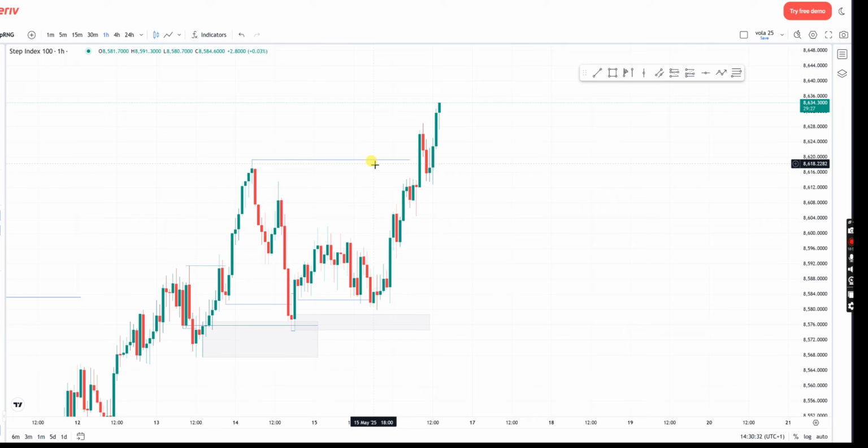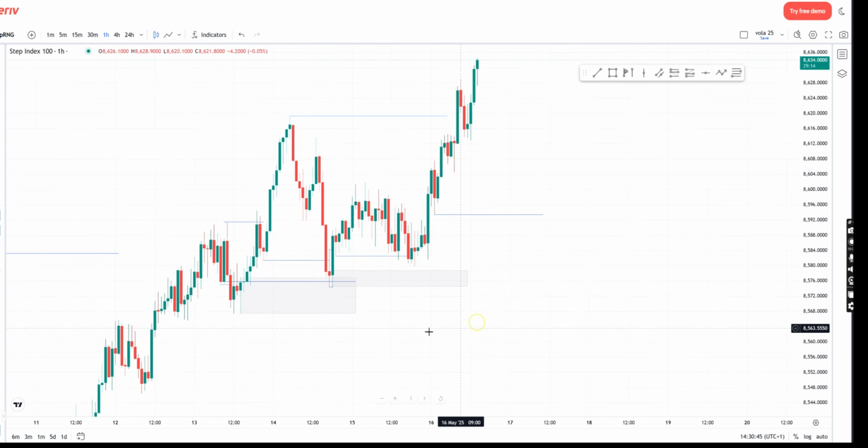I can see a break of structure, and I can see the engulfing. This is not my kind of engulfing because it's just one candlestick for the move. I would have loved to see something like this, two candlesticks before the move, but this is just one candlestick and then move. But let us see if it will hold.